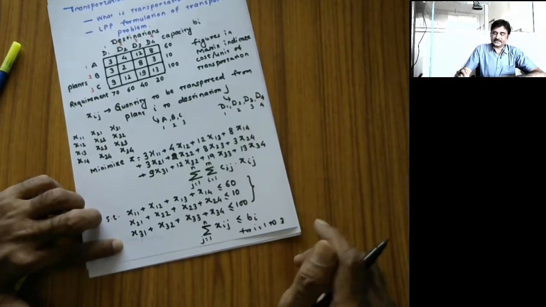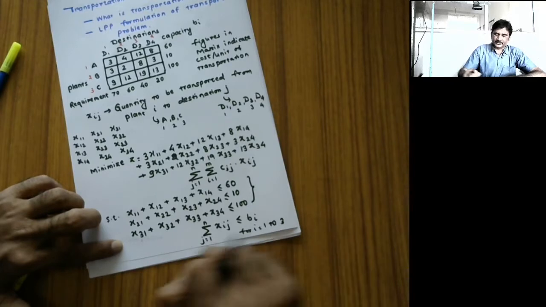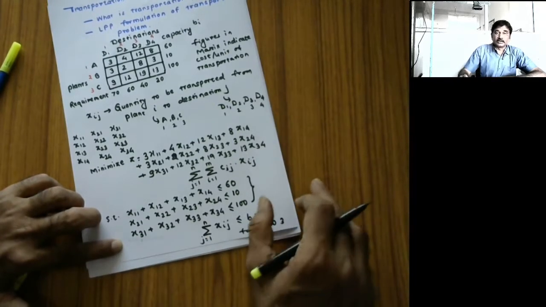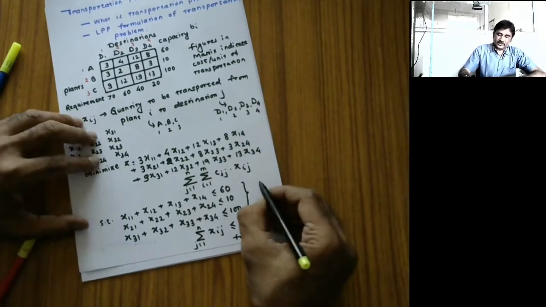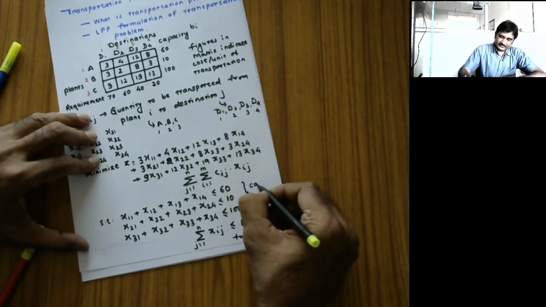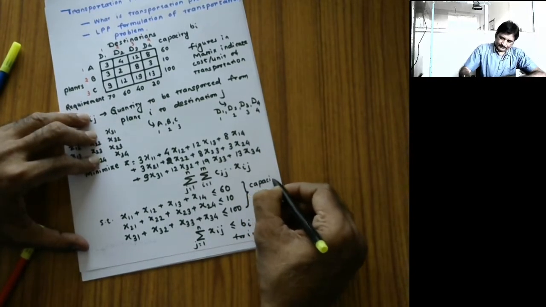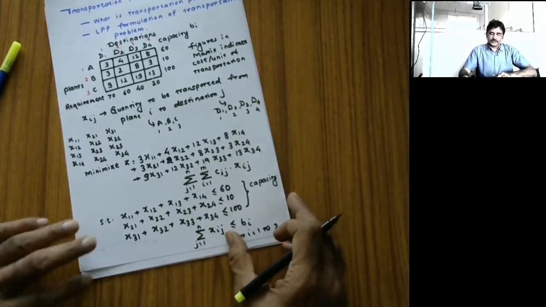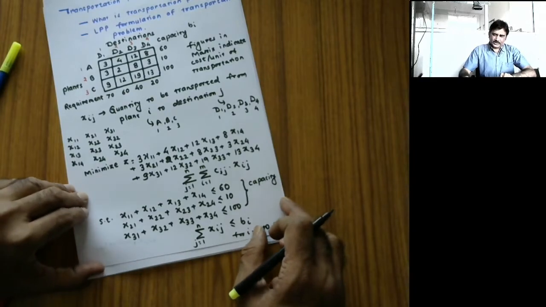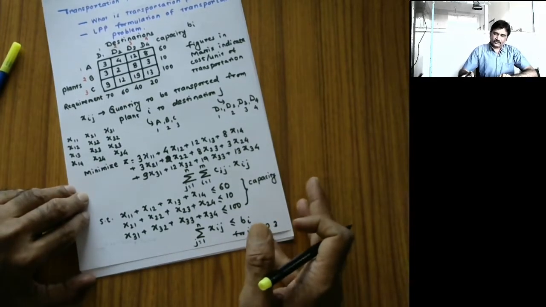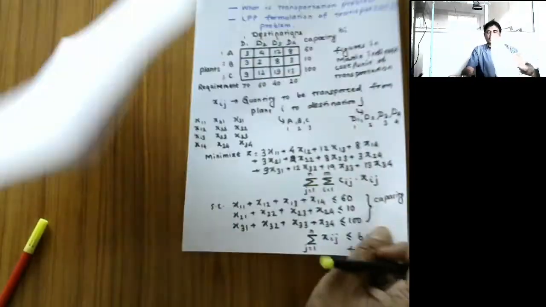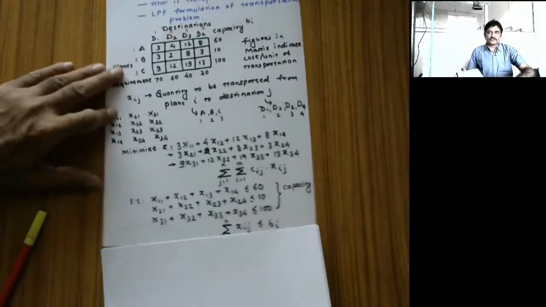As soon as I set I equal to 2, I will get the second constraint, and as soon as I set I equal to 3, I will get the third constraint. So these are all capacity constraints. Particularly in the transportation problem, we call them capacity constraints. I don't need to name this group of constraints, but it was possible in this problem, so I did.